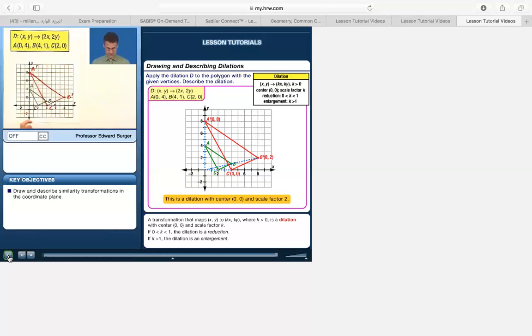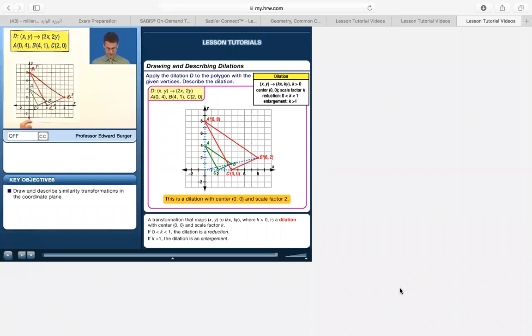Okay, girls, who will tell me what is the value of K? K is the dilation. What is the value of K? K is what happened to x and y.